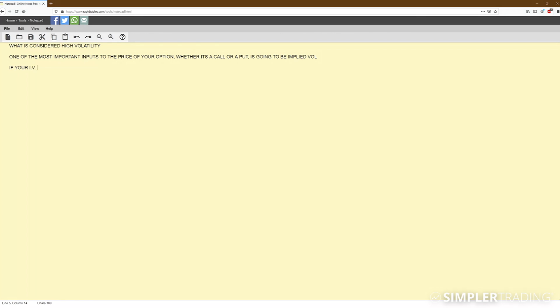If your IV is between, let's say, 0, and that'll be rare, but 0 to 25%, you typically want to buy options. That's relatively low. If the IV is from about 25 to about 60%, you can do either one.